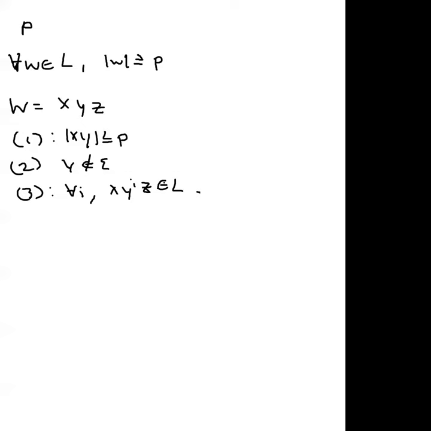And the third part of the pumping lemma is essentially saying that no matter how many times you traverse the loop, that word must exist in the language. So you can traverse it 0 times, namely pumping down, and X Y to the 0 Z should be in the language. You can take it once, which is your original word W, or you can take it multiple times. And if the language is regular, it should still be in the language.